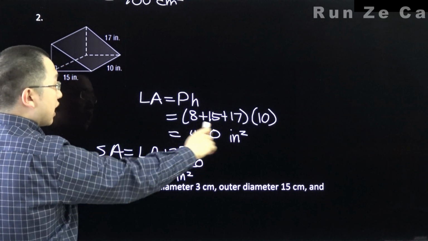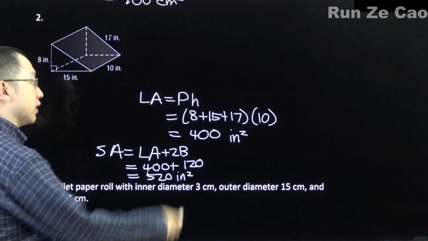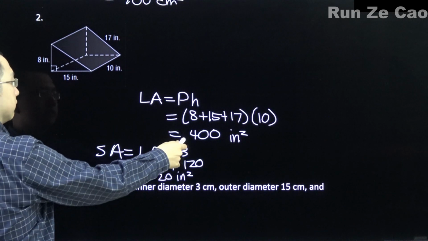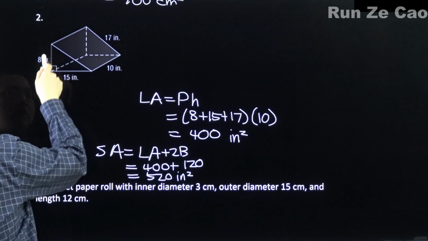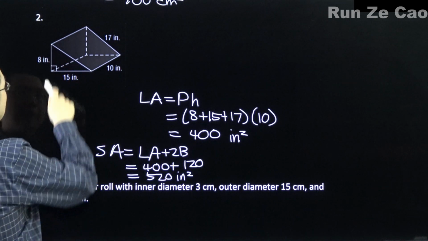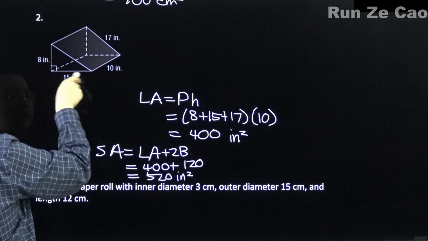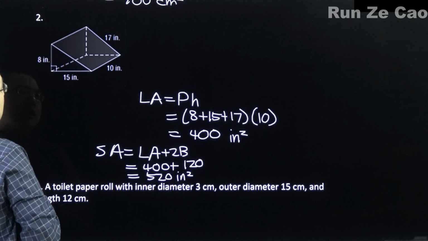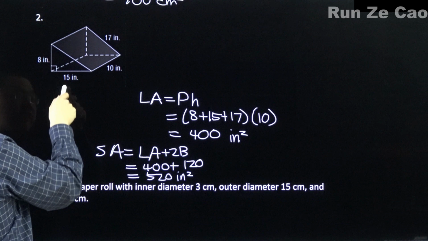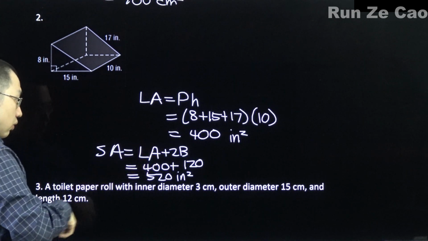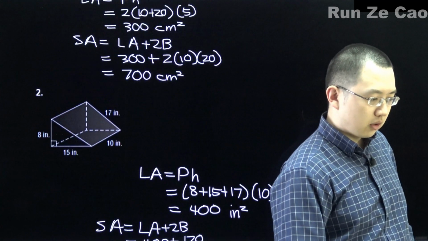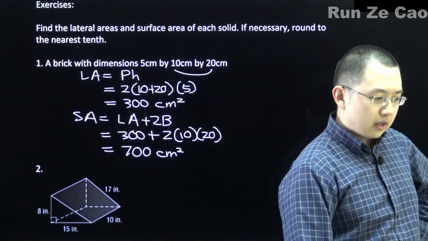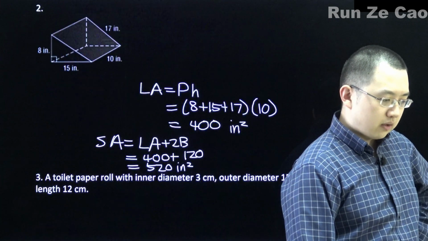So you add these, 8 plus 17, oh, that's 25, plus 15, oh, how convenient. 40 times 10, 400 square inches. And twice the base, well, that's just 2 times 1/2 this base times the height. That's just 8 by 15 then. So that's 120 plus 400, 520 square inches for the total surface area. There's no rounding involved, and that's it.